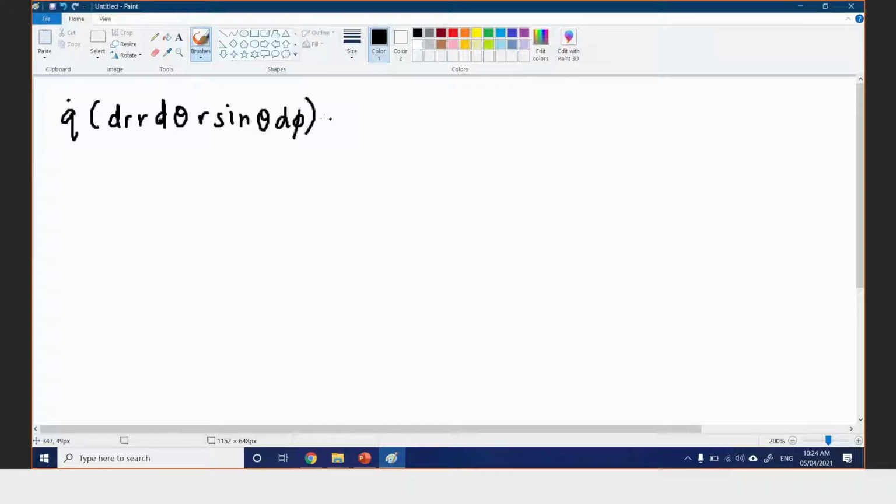So we will get plus d over dr of k r squared dT over dr. So if you're wondering why it's now positive, it's because Fourier's law is negative just now, right?